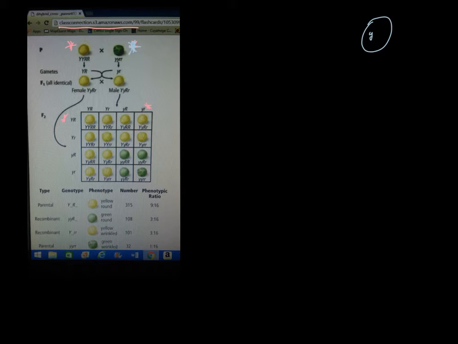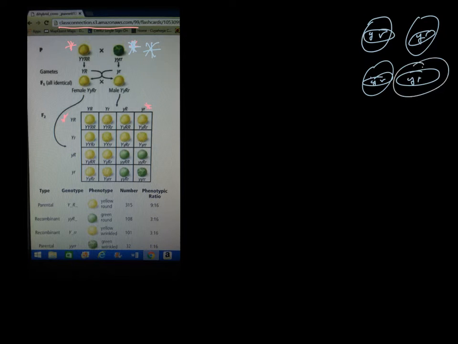This other gamete also has a little y. I'm talking about the parent generation right now. Then the little y also has a little r. All on the chromosome, right? They're all copies, versions of the gene. Another gamete has another chromosome with little y, little r. And it doesn't matter that they're crossed over, because they're all little y, little r.